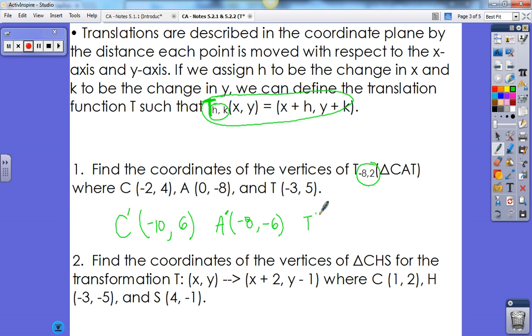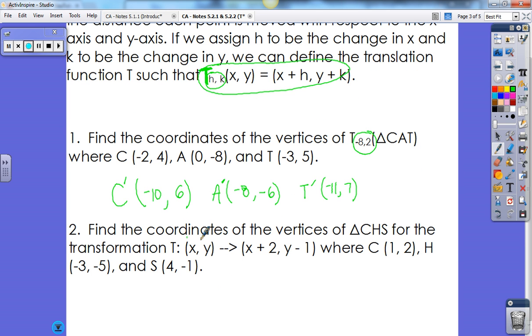And my new T prime: -3 and -8 is -11, and 5 and 2 is 7. So C prime, A prime, T prime. By moving each vertex according to this, 8 to the left and 2 up, I've taken the whole triangle and moved it 8 to the left and 2 up.